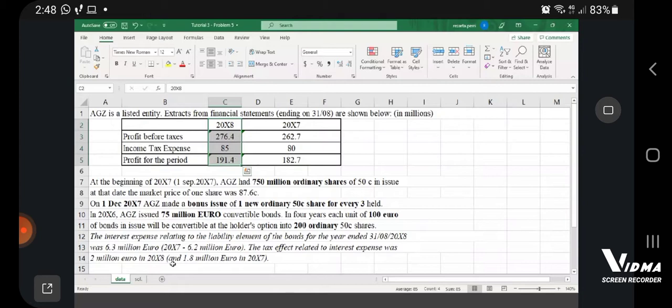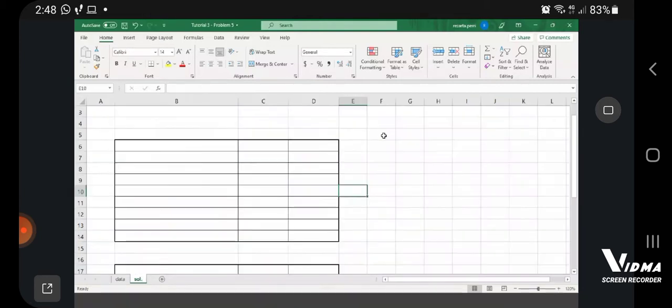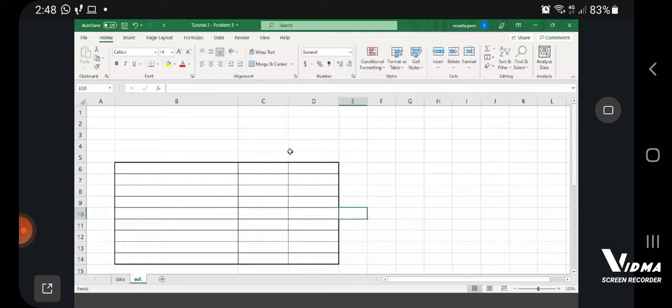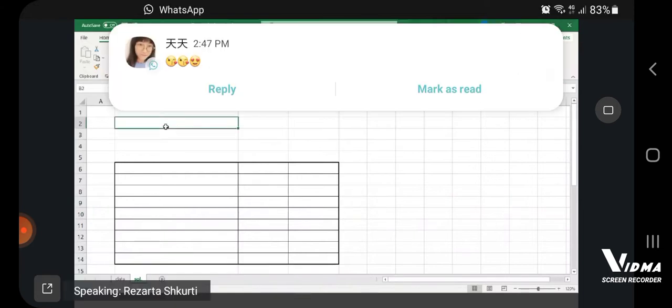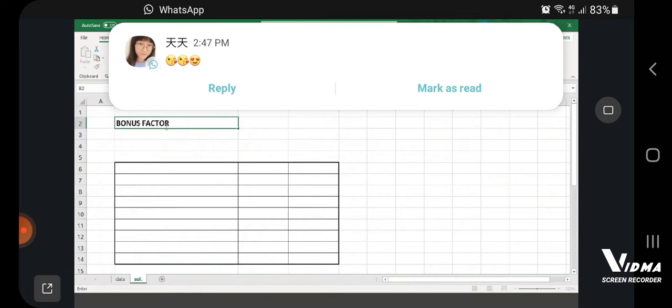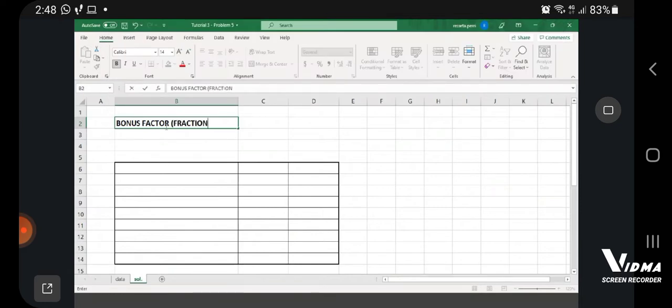So first of all, if we have a situation with a bonus issue, remember that each time we have a bonus issue, we have to calculate a bonus factor, or as the chapter calls it, a bonus fraction. Remember how we can calculate the bonus factor. It is simpler than in the case of a rights issue.